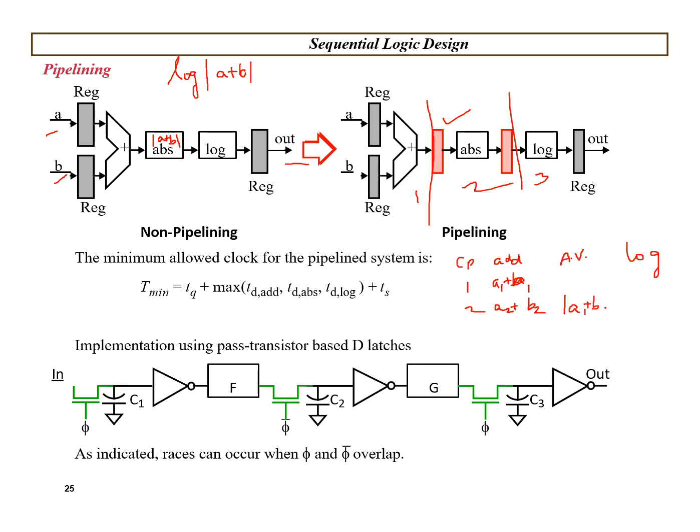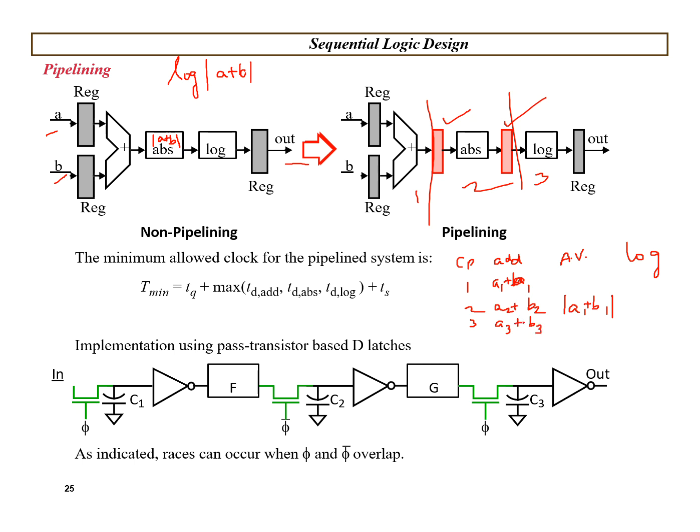This is the value I am performing. During my third clock period, after performing the absolute value, this is stored in this register. During the third clock period, I give the next input, A3 and B3, and perform addition during this period.